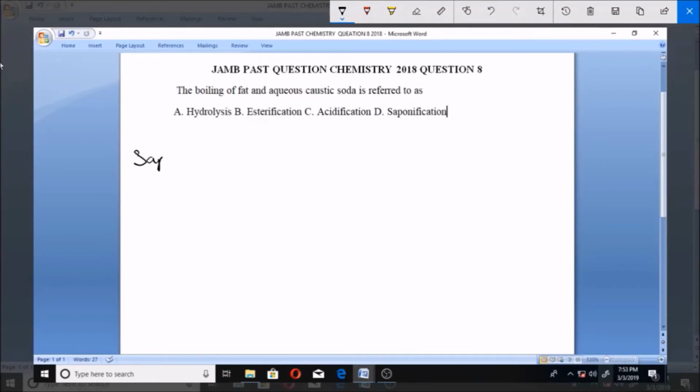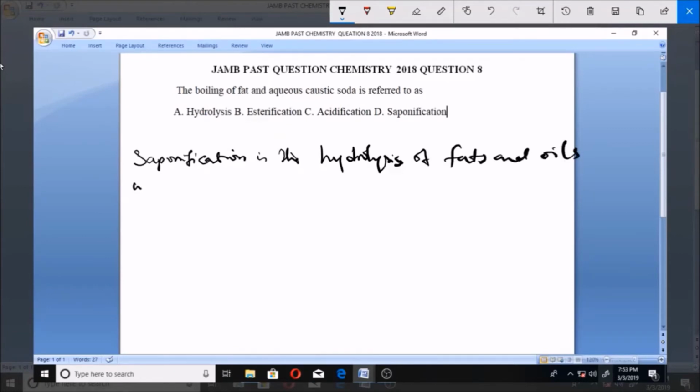So I'm going to state the definition of saponification. Saponification, very importantly, is the hydrolysis of fats and oils with caustic alkali. You can see this topic in organic chemistry 2. You can see this in the definition given up there, making saponification the right answer.